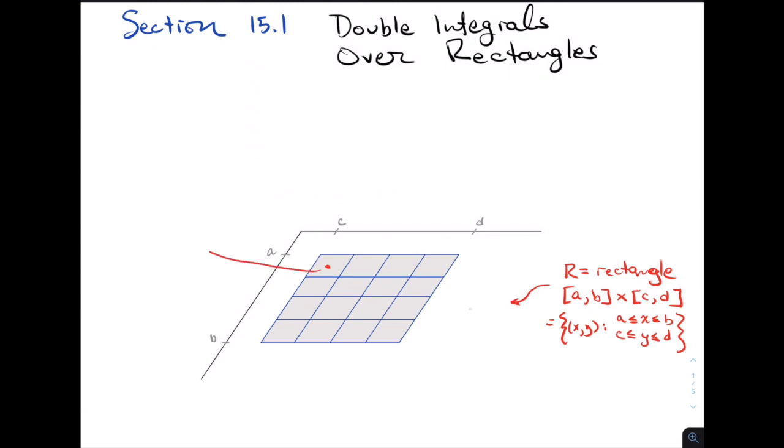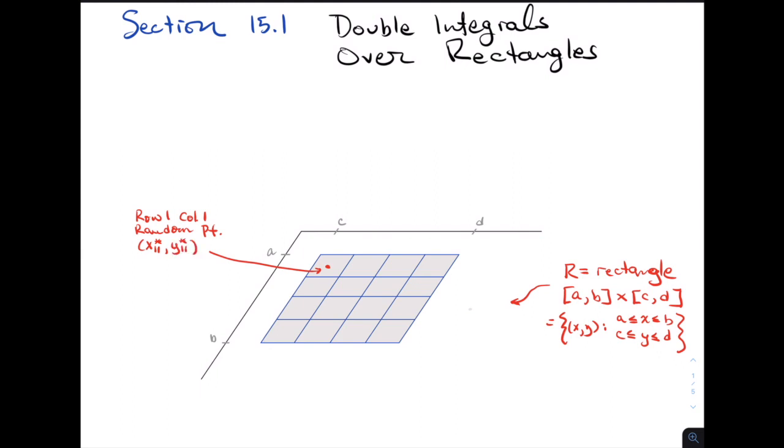So this first point I'm going to point out is in row 1, column 1. It's just a random point, and we'll call it x11 star, y11 star. The 1, 1 stands for row 1, column 1.